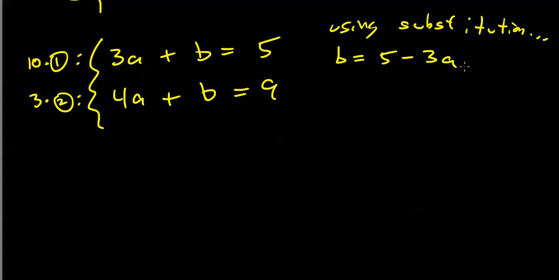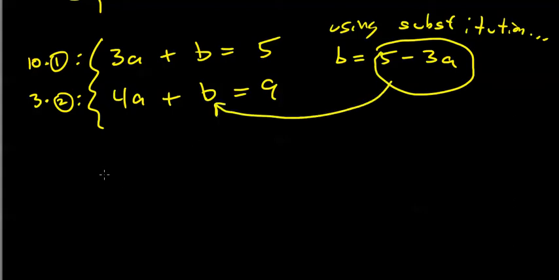So 3a plus b equals 5, so that means b equals 5 minus 3a, and I can substitute that expression for b in the other equation. Well, that will result in this equation, 4a plus 5 minus 3a equals 9.